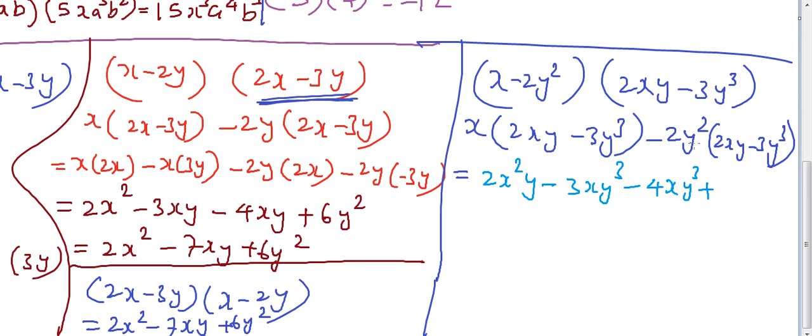Then 2 into 3 is 6, there is no x, only y square into y cube, so y power 2 plus 3 is 5, y power 5. Okay, so this is the result. So very simple. Here we have skipped one step, but you can do it like this directly. Hope you are able to follow.